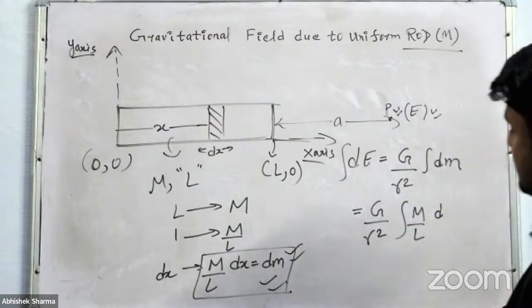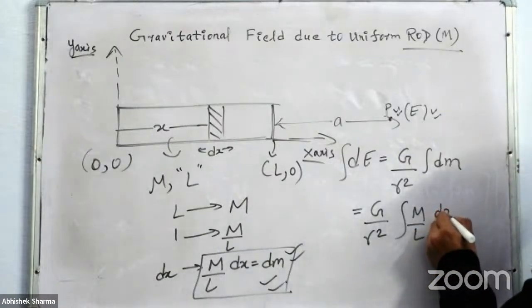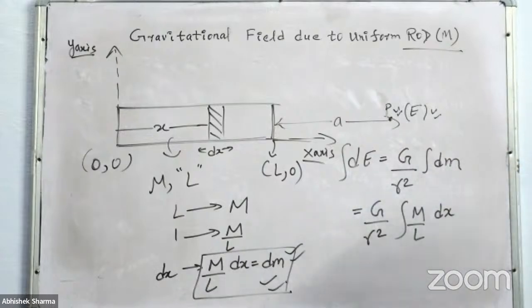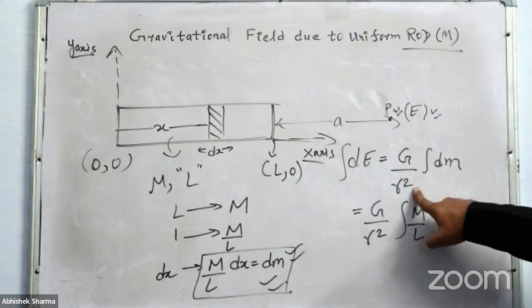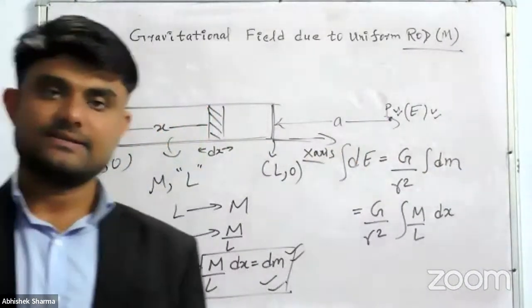See, the thing is this. Here, if you see, your r is something variable. So you need to think and apply the formula properly. Here r is random. It can take an x coordinate, it can take a y coordinate, it can take a z coordinate.